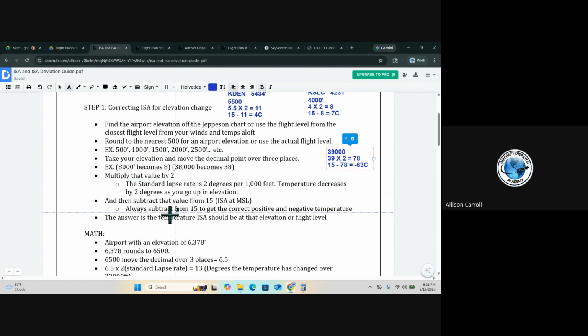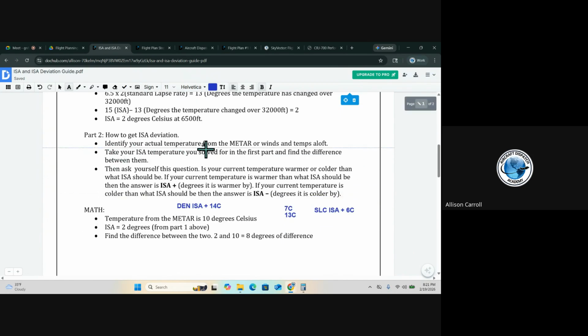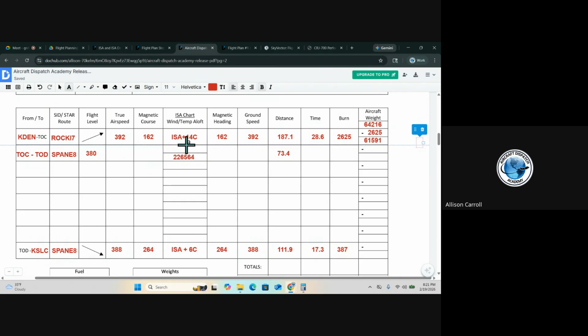Okay. Well, now to find our deviation, we just need to go find our current temperature in our winds and temps aloft. So our current temperature is negative 64. Well, from negative 63 to negative 64, it's a difference of 1 degree, right? But from negative 63 to negative 64, are we getting warmer or are we getting colder?